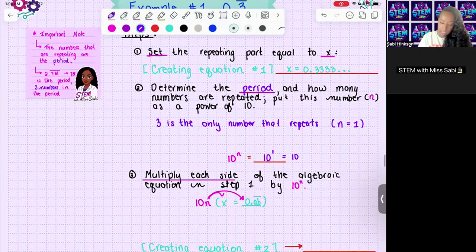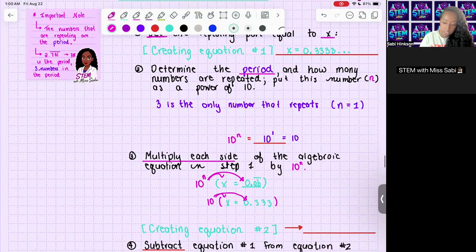Then we're going to take the 10 to the power of n and multiply it to equation number 1. Remember, equation number 1 was x equals 0.333 repeating. I'm going to multiply the entire equation by 10, so that gets multiplied by 10, and this gets multiplied by 10.